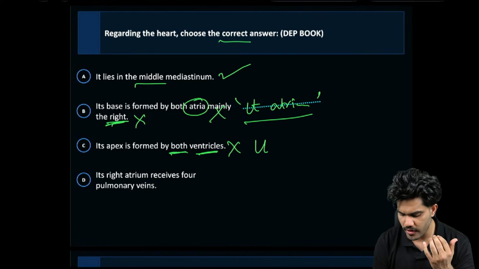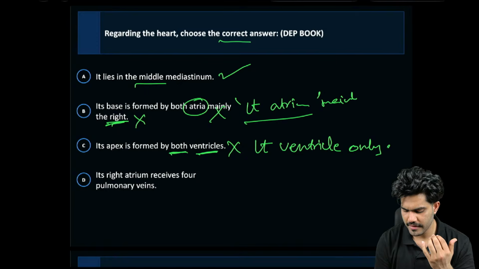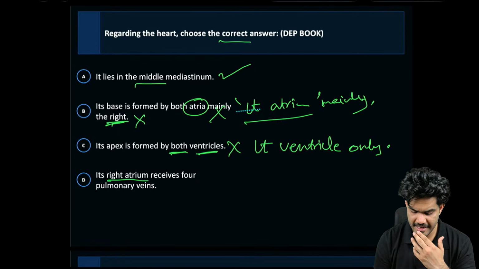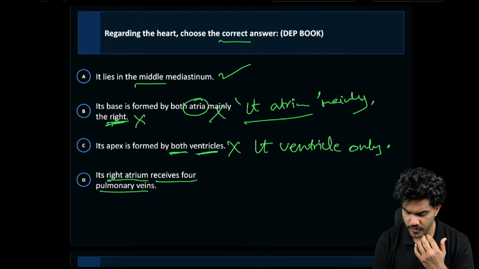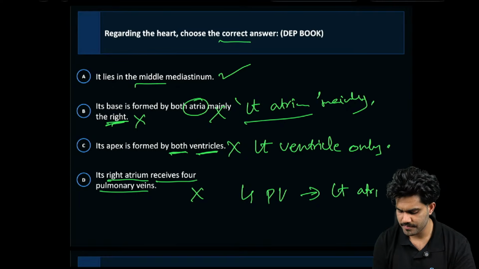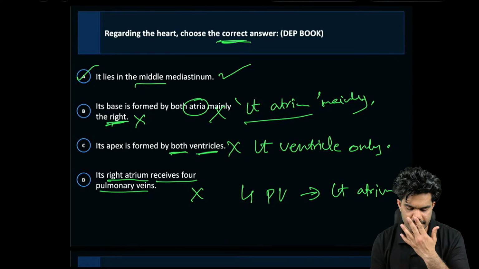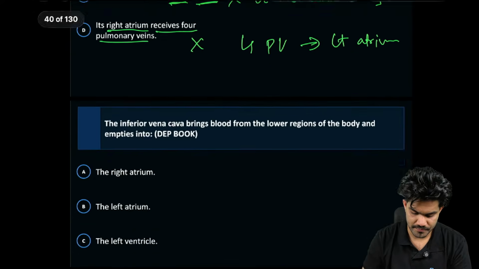No, it's formed by the left ventricle only. Its right atrium receives 4 pulmonary veins. No. Who receives 4 pulmonary veins? The 4 pulmonary veins are received by the left atrium. So the correct option will be that it lies in the middle mediastinum.